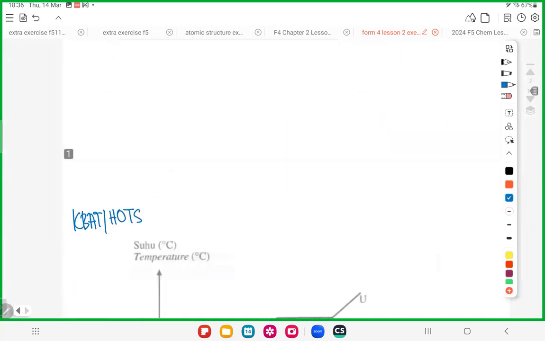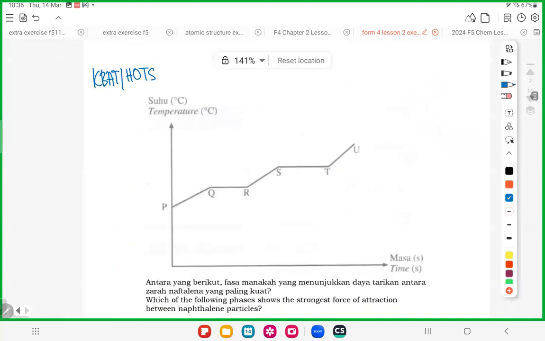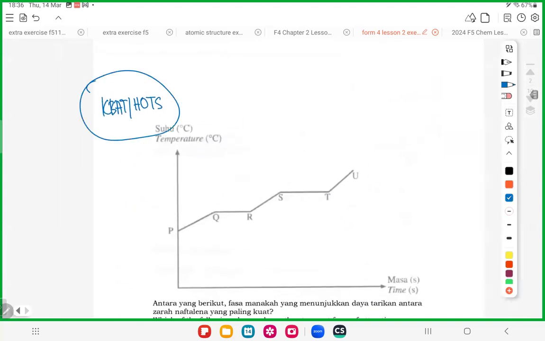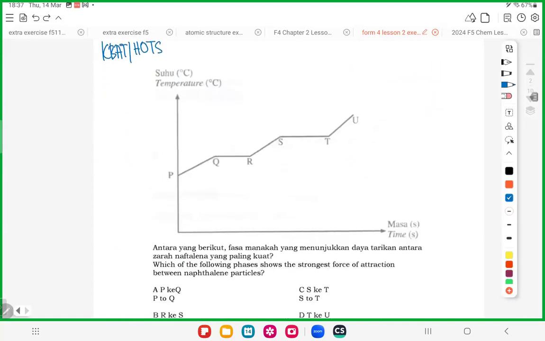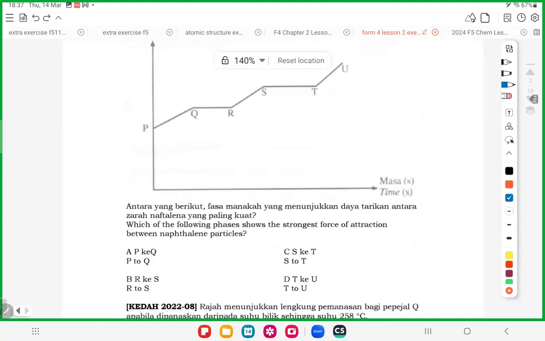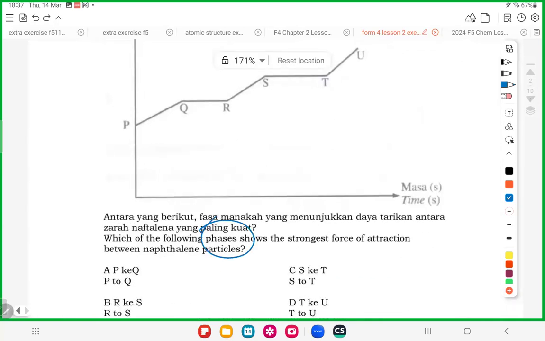Next one. This question has a little bit to do with kinetic theory, but it needs some critical thinking. They ask, which of the following phases shows the strongest force of attraction between naphthalene particles?